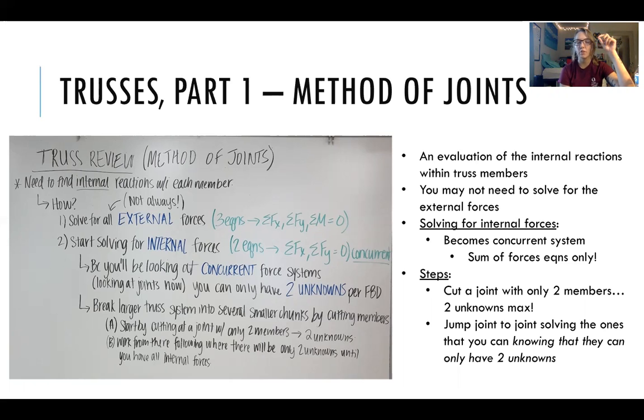What's going to happen is you're going to have some unknowns on one joint. If you have a neighboring joint, the force pointing here will be equal and opposite. So if you're trying to solve for a force on this joint, but you have too many unknowns, solving for this one first if you can, you'll find this force, which you can translate over here and have one less unknown. Similarly, if you have one up here, you can move it down there.